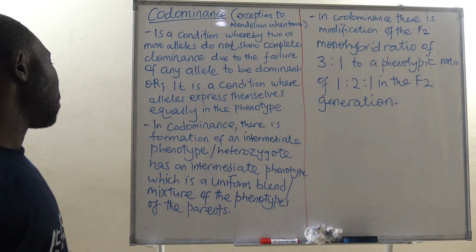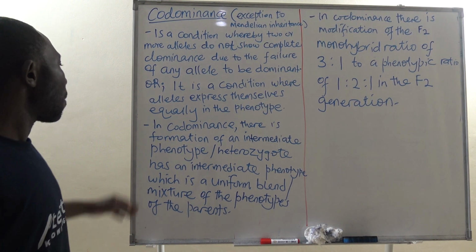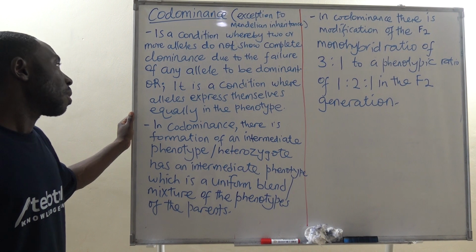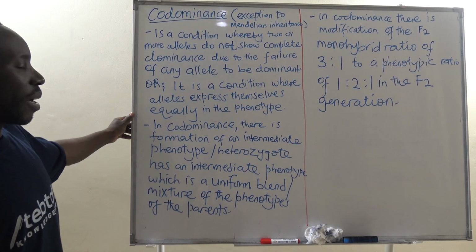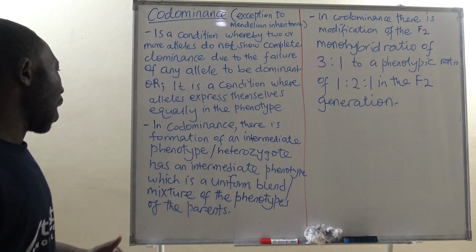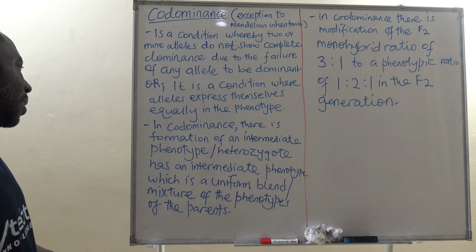So that is what happens in codominance. And these points are important. We have said that codominance is a condition where alleles express themselves equally in the phenotype.